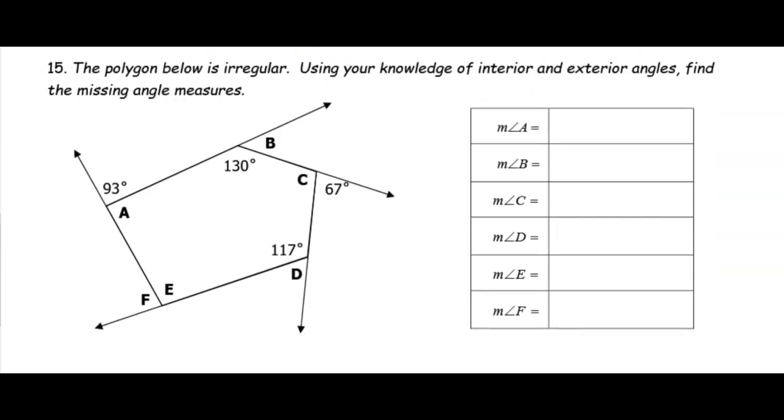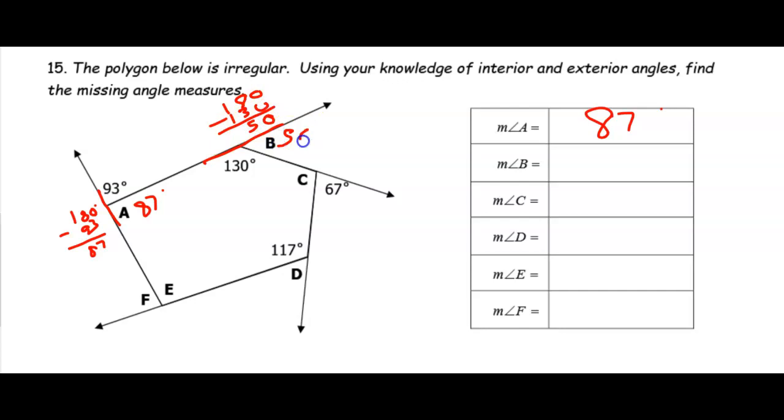All right, so anytime you see a shape like this, you know straight lines are 180 degrees, right? Those are a linear pair. So 180 minus 93 gives you 87. So 87 degrees for A. All right, once again, this is 180. So 180 minus 130 is 50 degrees.